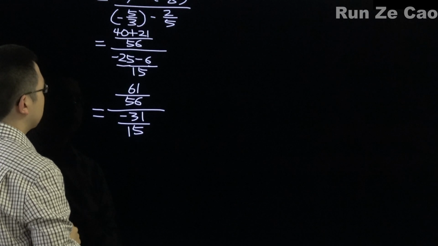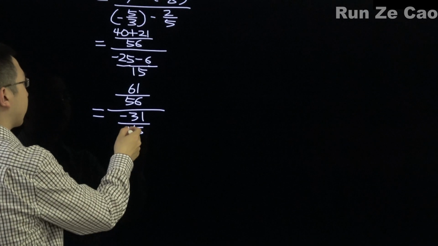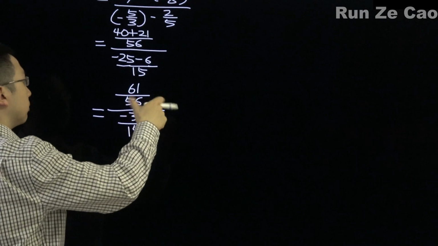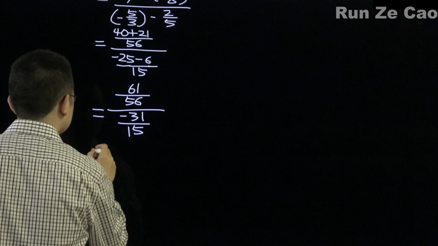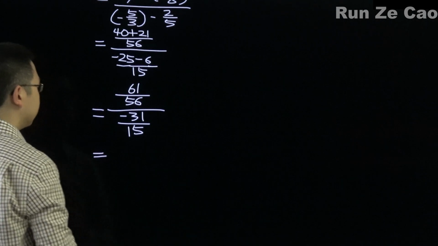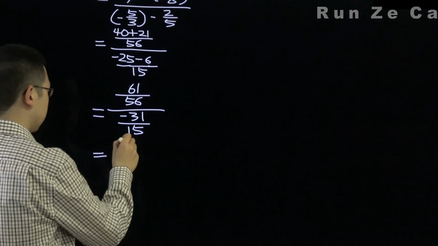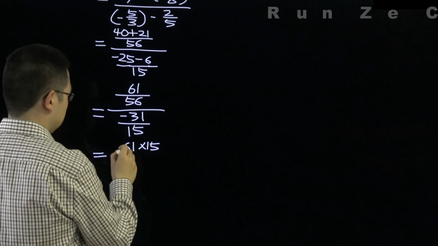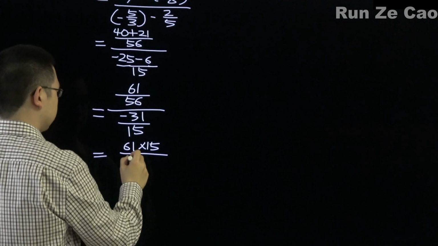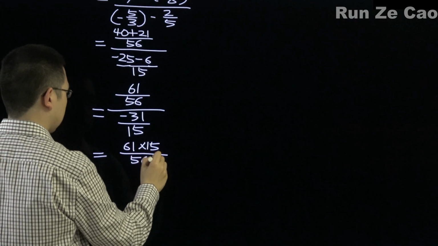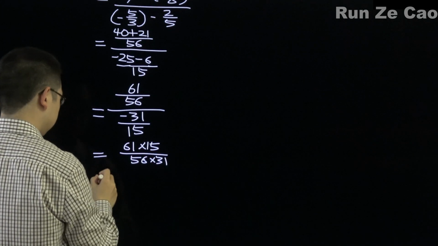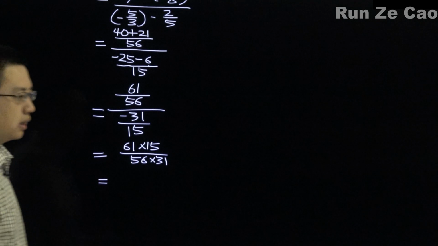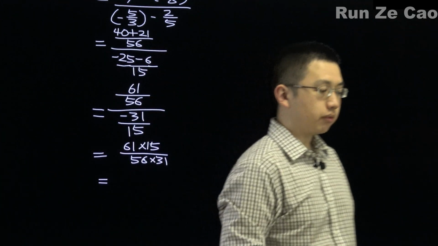So what happens, guys, dividing by a fraction is equal to multiplying by the reciprocal. So we end up with 61 times 15 over 56 times 31. 31 and 61 are prime numbers.